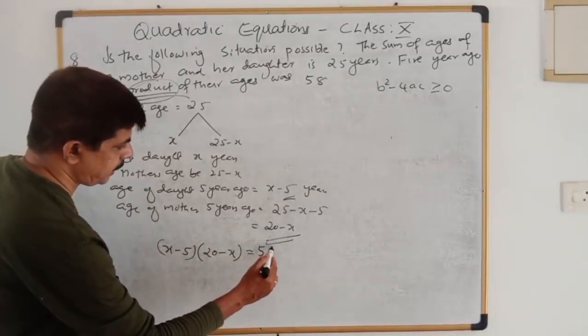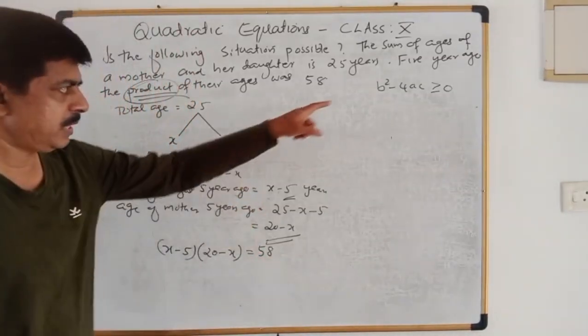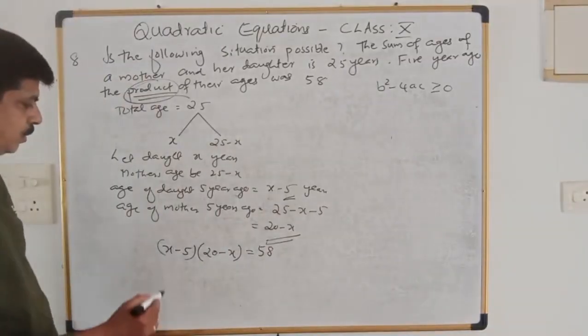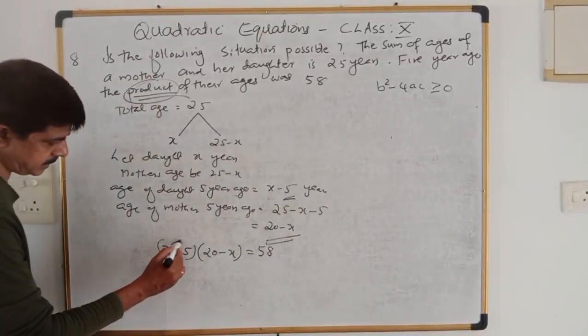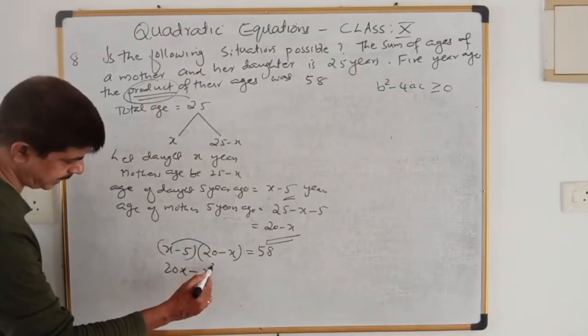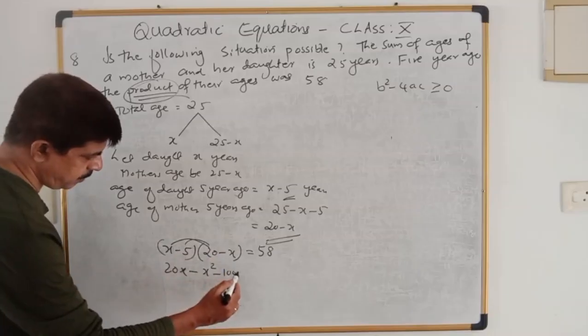The product we got is 58. We make a quadratic equation and check whether the determinant b square minus 4ac is greater than or equal to 0 or not. You know how to open the bracket. x into 20x, x into x square, minus 5 into 20, minus 100.